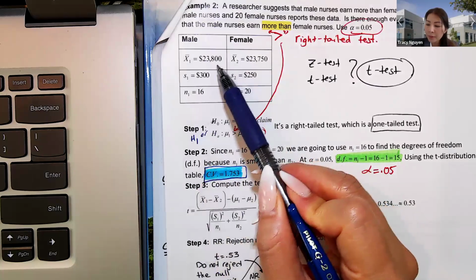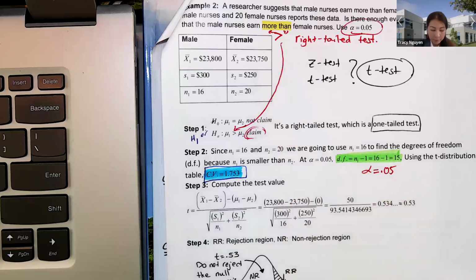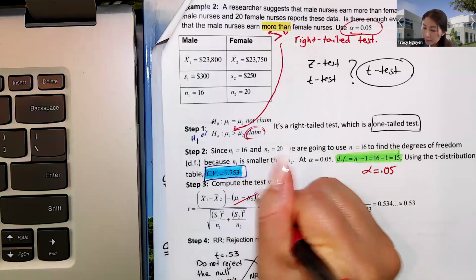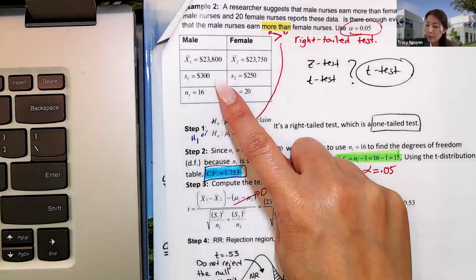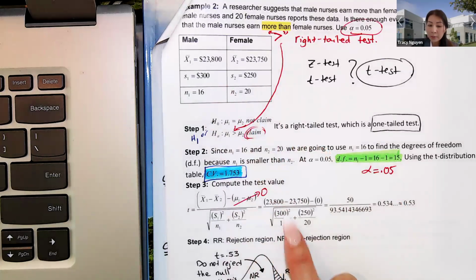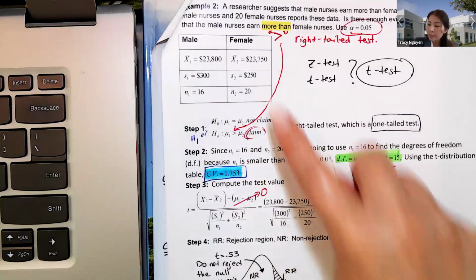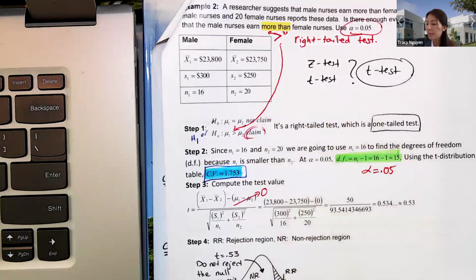X1 bar we have 23,800 minus x2 bar of 23,750. Mu1 minus mu2, this part is 0. The denominator, the square root of S1 squared over N1, so it's 300 squared over 16, plus S2 squared over N2, 250 squared over 20.